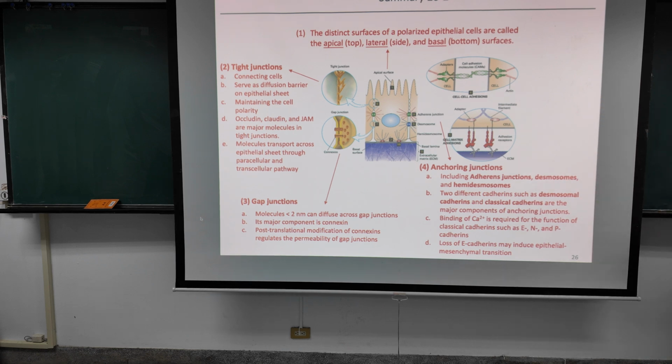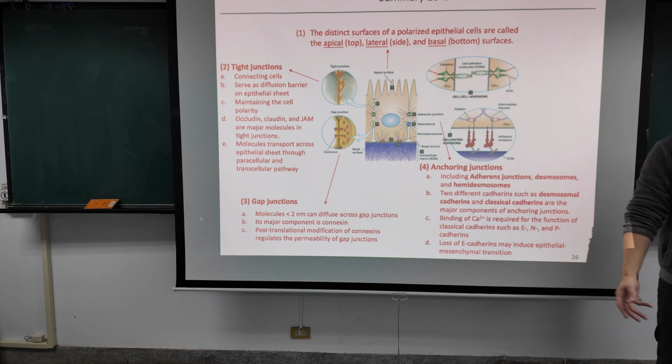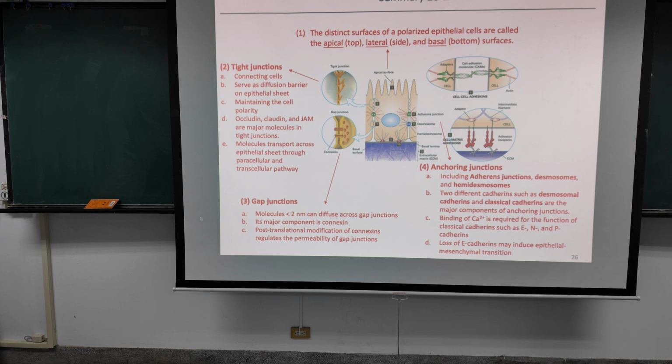And the biggest difference between these structures is that desmosome contains a plaque, okay, but adherens junction doesn't have such a plaque. And loss of E-cadherin may induce EMT, epithelial mesenchymal transition, which may cause tumor formation. Okay, any questions so far? No. Okay.